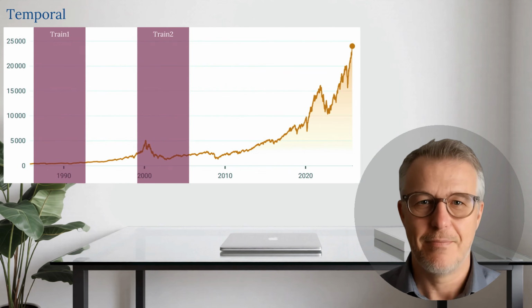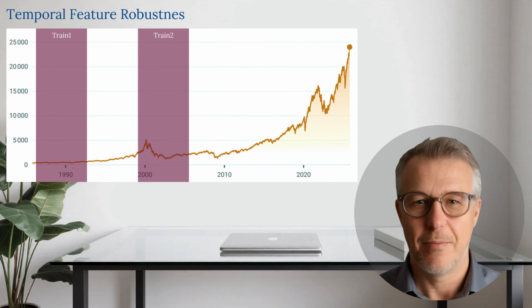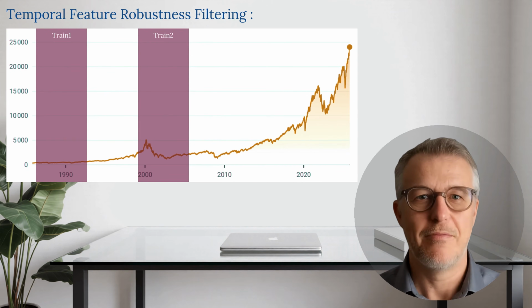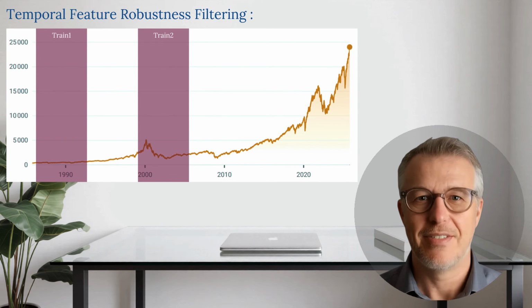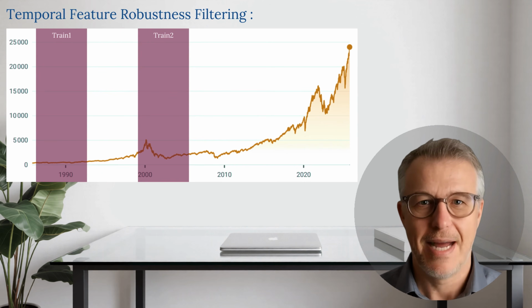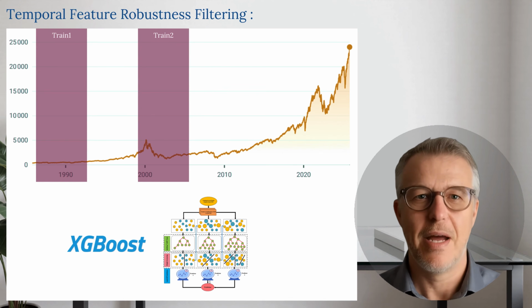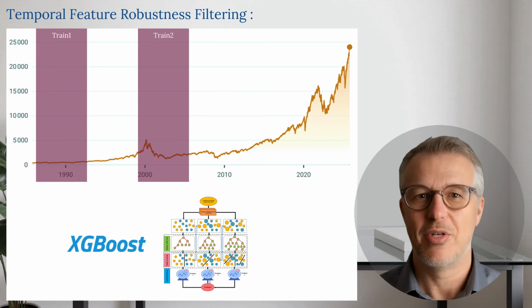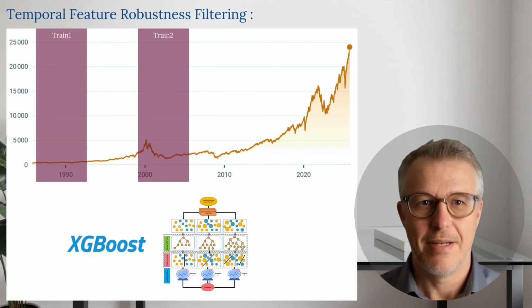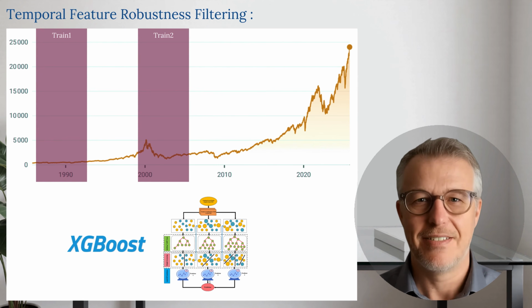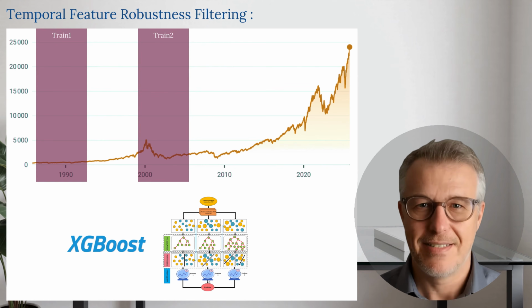Let's talk about temporal robustness filtering, or more precisely, how to remove features that don't show a stable predictive power over time. To put it simply, if you are familiar with models like XGBoost, it provides a measure of how often each input feature is used during training. The idea here is to split the dataset into several time-based segments.